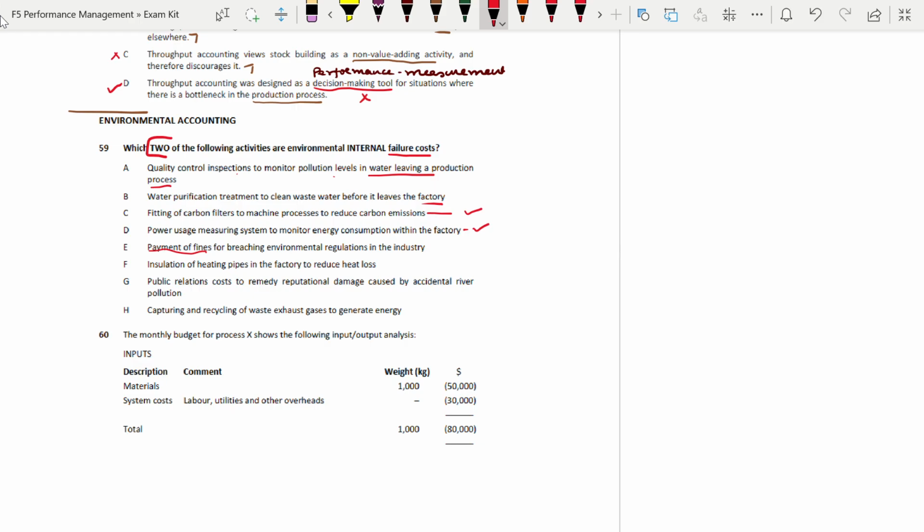Insulation of heating pipes to reduce heat loss.